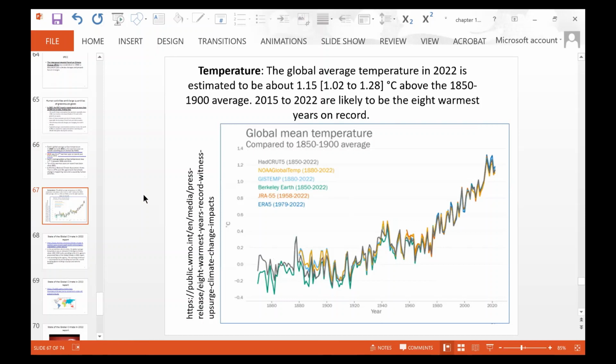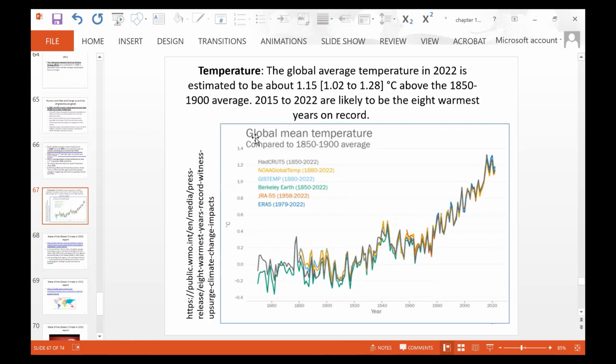And this shows the global average temperature in 2022 is estimated to be about 1.15 degrees Celsius above the 1850 to 1900 average.